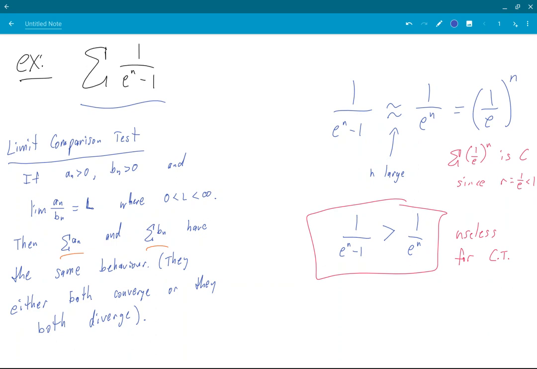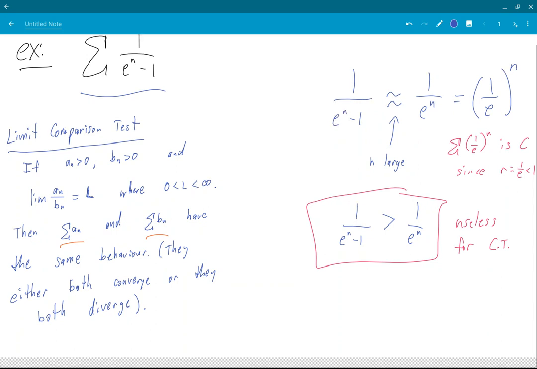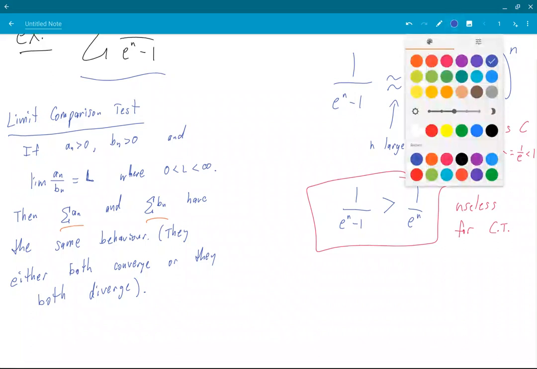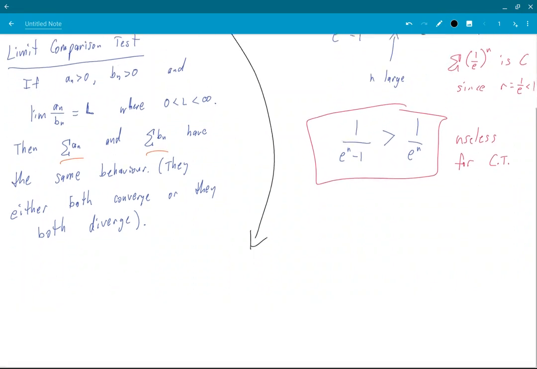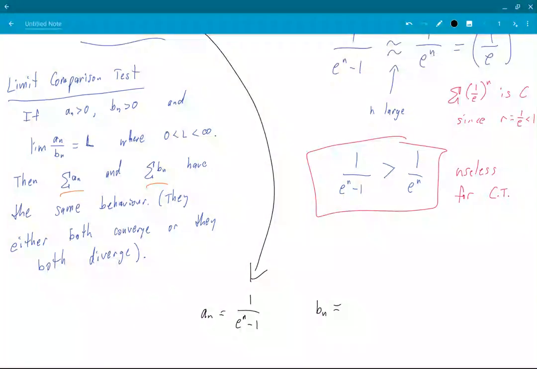Okay, so for our example, an is the given thing here. Now, bn I'm going to get from this idea here.